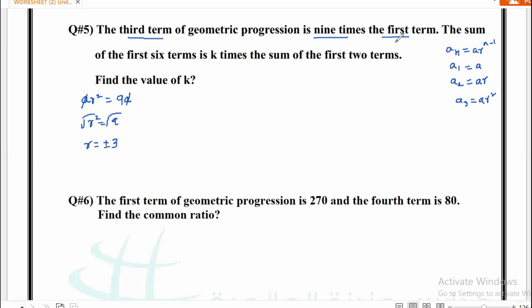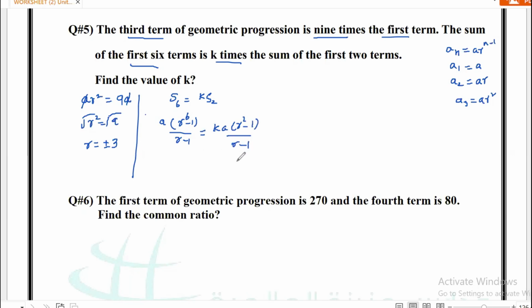If we read the next part of this question, the sum of the first six terms, means S6, is equal to k times the sum of the first two terms, means S2. S6 equals k S2, and S6 represents a times (r power 6 minus 1) over (r minus 1), and k times a times (r power 2 minus 1) over (r minus 1).